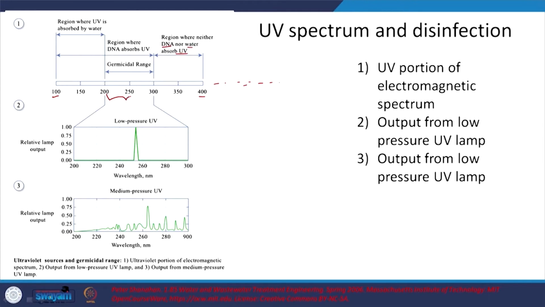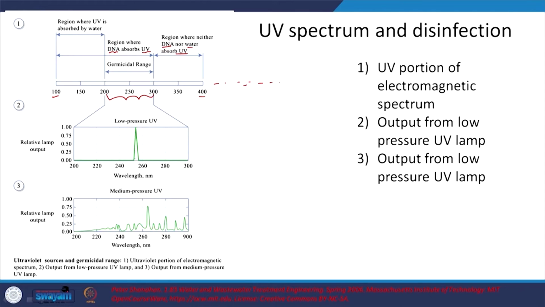But there is a sweet spot between 200 to 300, which we call the germicidal range, where the DNA and RNA absorb UV, and that leads to damage of the RNA or DNA, and that will affect the replication of the relevant pathogen.